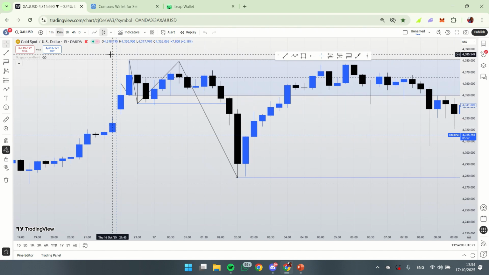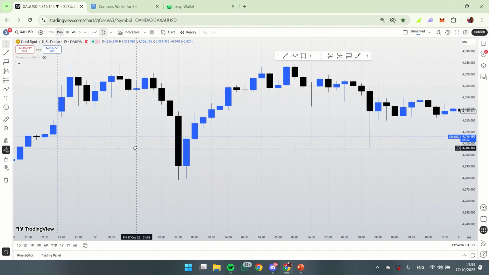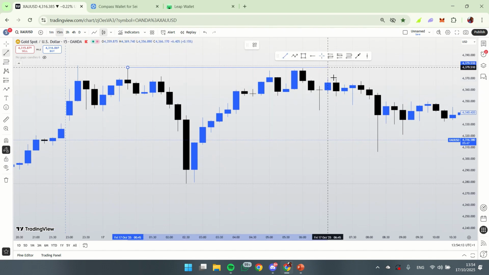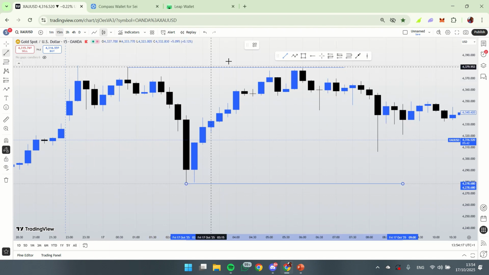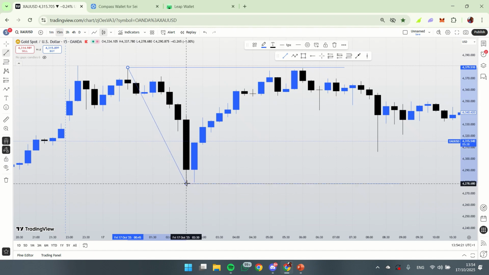So let me mark it. So it will be that this is my swing, this last one, and this one, right? So within this range down is where I'm looking for my zone.